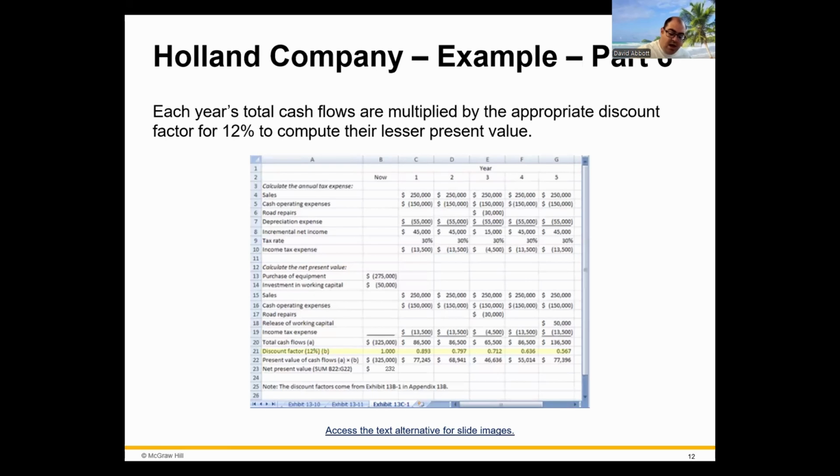The present values that we see in cells B22 through G22 are combined to determine the project's net present value of $231. Because the net present value is positive, it indicates that Holland Company should proceed with the mining project. So they do come out with a positive net present value, so they could go ahead and do this project.